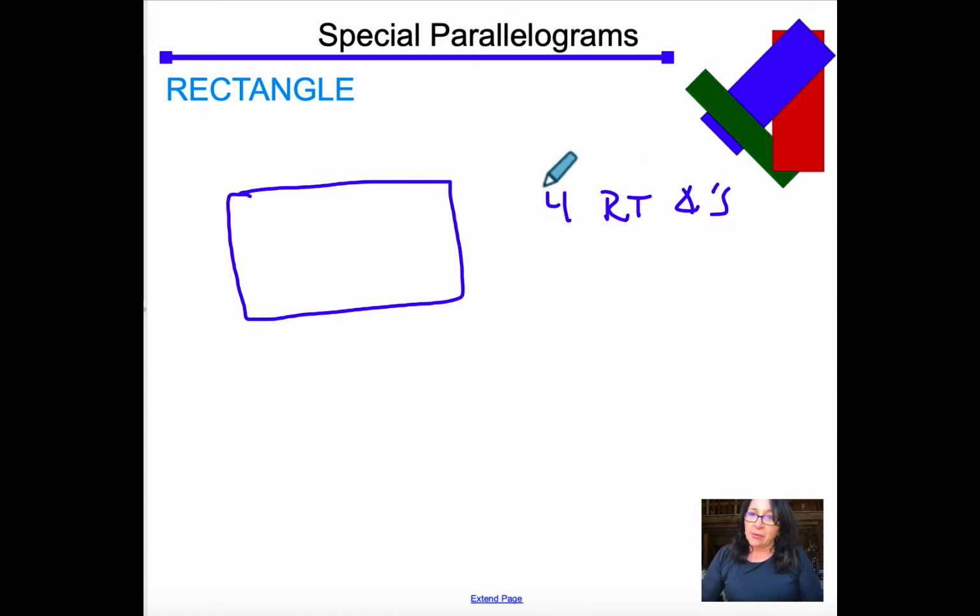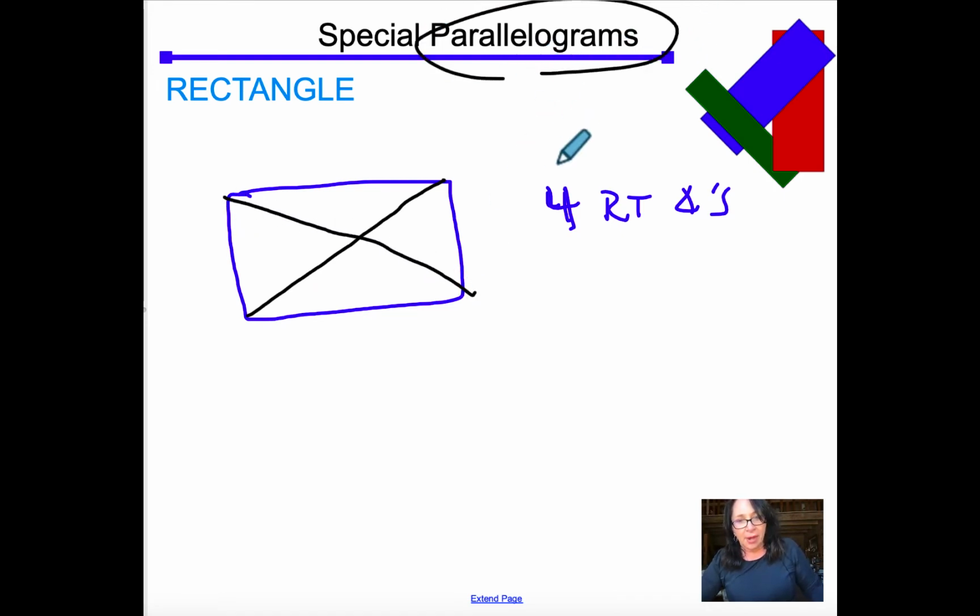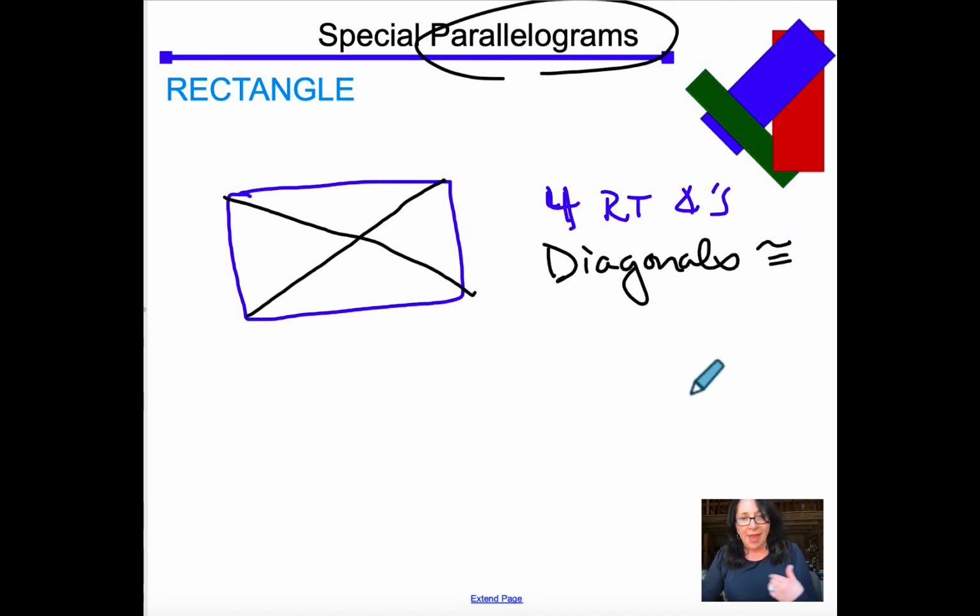And the other pretty nifty thing about a rectangle is that the diagonals, while yes, of course, they bisect each other because that's a characteristic of a parallelogram, they also are the same length, so the diagonals are congruent. Both of them are equal, and that's not true in all cases, but those are the 2 extra characteristics that, in addition to the 5 characteristics that a parallelogram has, a rectangle has.